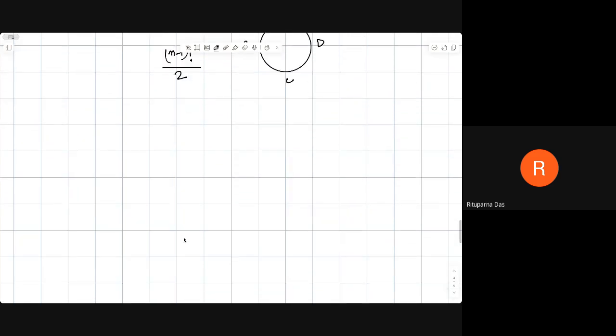Right. So now we finally start with the topic of probability.